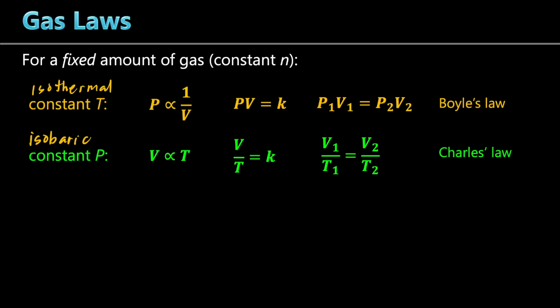Okay, so once again, let's state Charles' law. Charles' law states that if the pressure of a fixed amount of gas is held constant, its volume varies directly with its absolute temperature. And because of that, kapag nagko-compute tayo ng problems involving ideal gases, dapat yung temperature ay laging naka-kelvins.